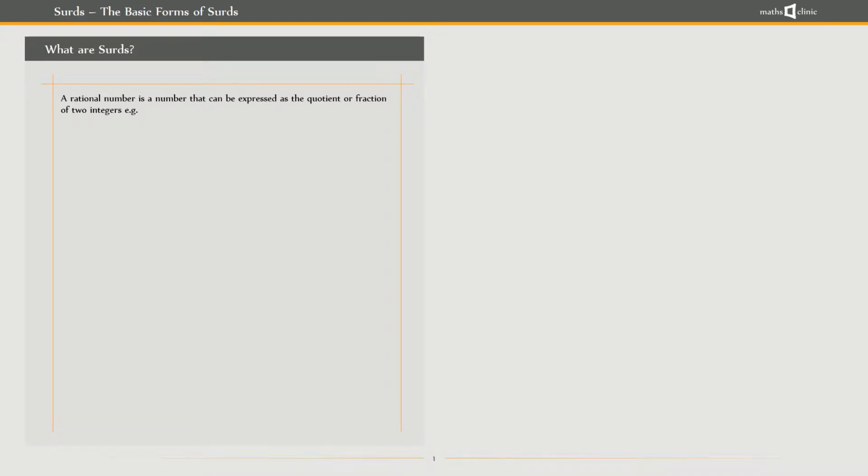And a rational number, just think of it this way. A rational number is a number that can be expressed as a fraction of two integers. For example, you have 0.5. 0.5 is a rational number because you can express 0.5 as 1 over 2. Okay?